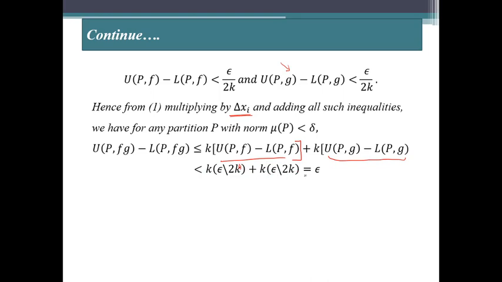Simplifying this, we get that U(P, fg) minus L(P, fg) is strictly less than epsilon. And from the necessary and sufficient condition of Riemann integrability, this implies that f into g is integrable on the closed interval [a, b].